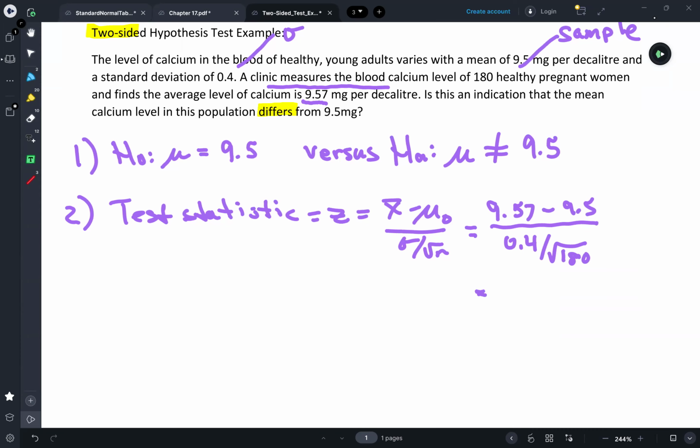And we get, so we calculate this: 9.57, subtract 9.5, divide by 0.4, divide by the square root of 180 women. Does anybody have a value for this?